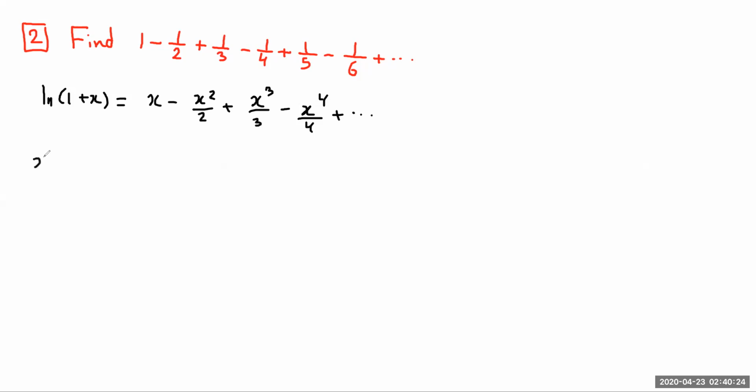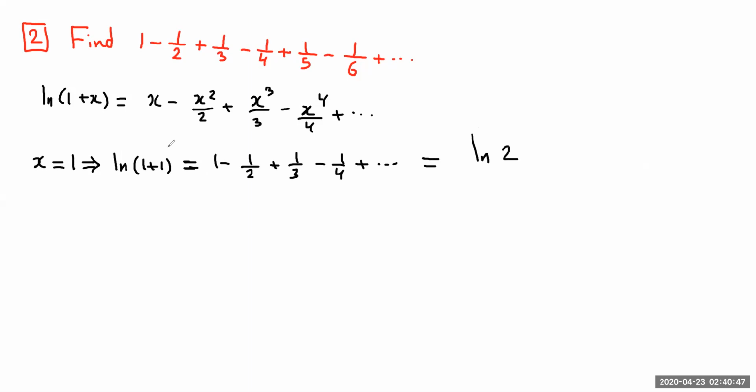If I give x equal 1, you will have ln(1 + 1) = 1 - 1/2 + 1/3 - 1/4 + 1/5 - etc. So the final answer of this addition will be ln 2.